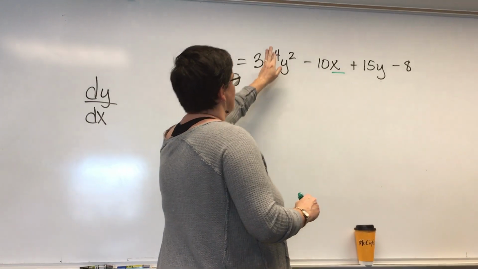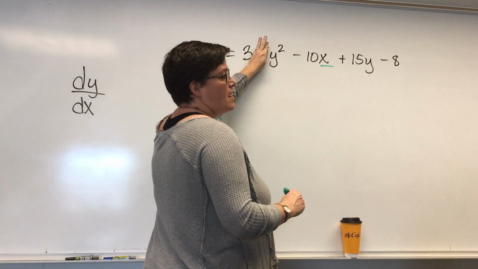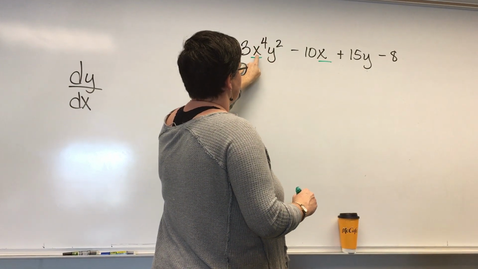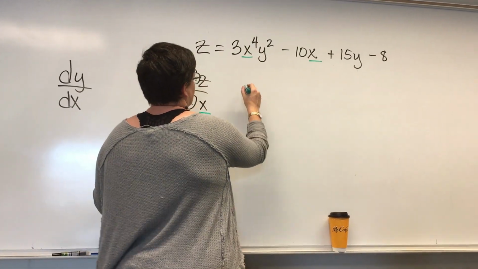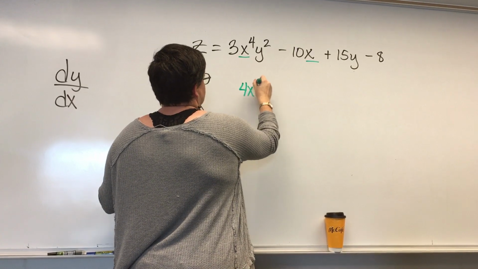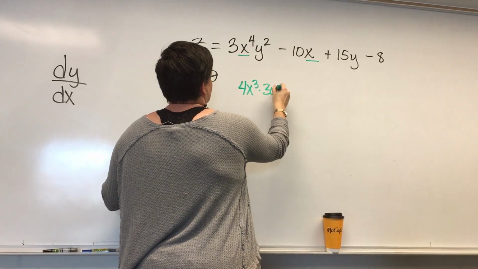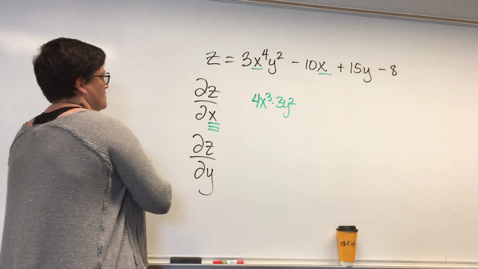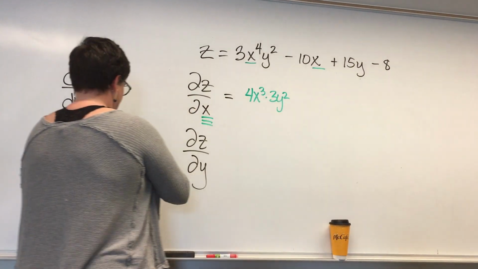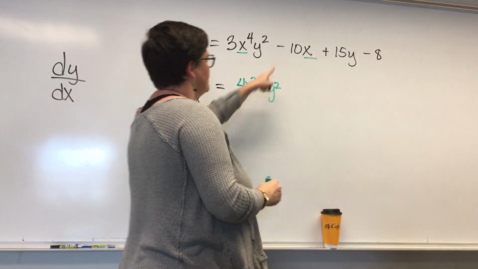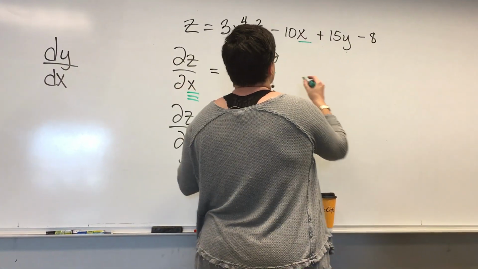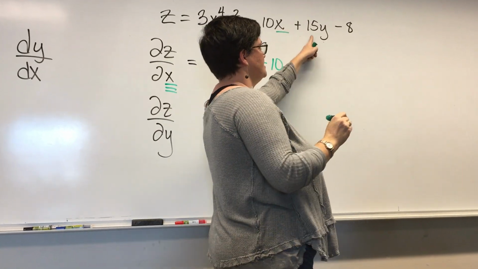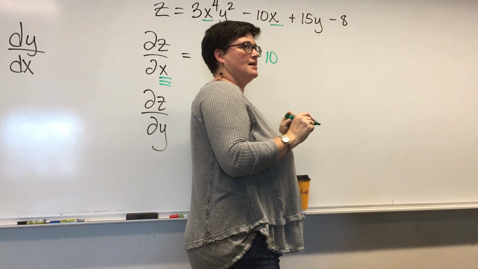So let's do this derivative one step at a time. 3y squared is now our constant, so it's gonna come along for the ride. What's the derivative of x to the fourth? 4x cubed, and we still have that 3y squared coming along. Is everyone okay with that? What's the derivative of negative 10x with respect to x? Negative 10. What's the derivative of 15y with respect to x?